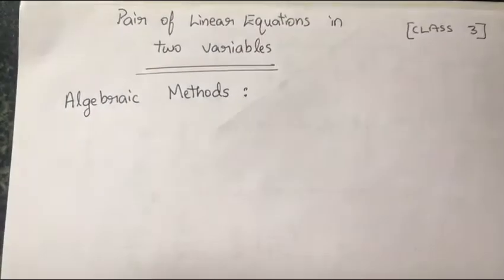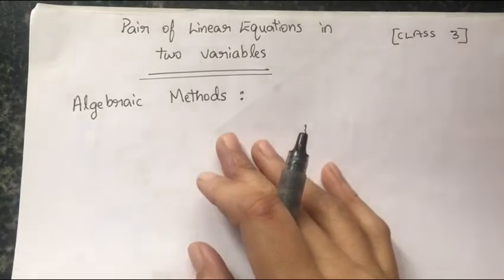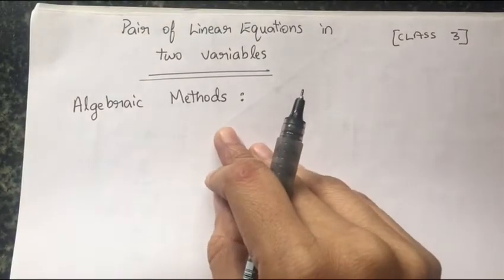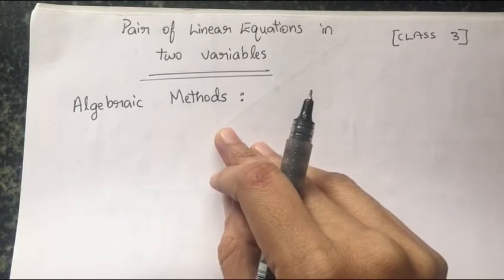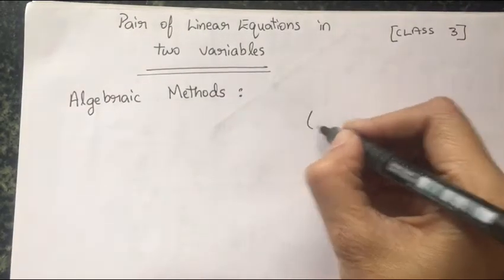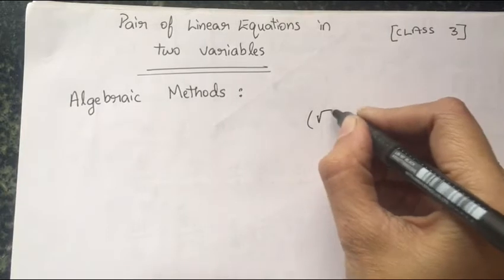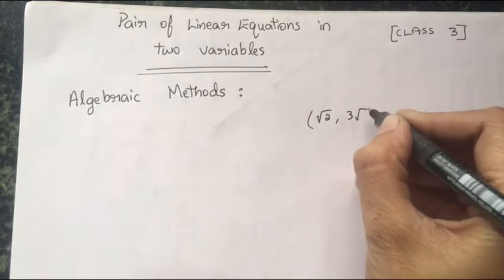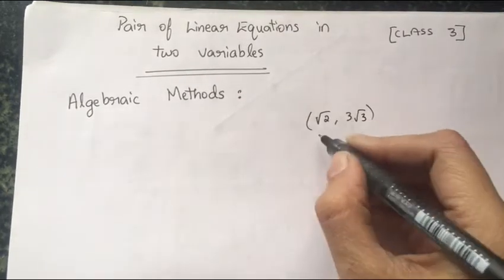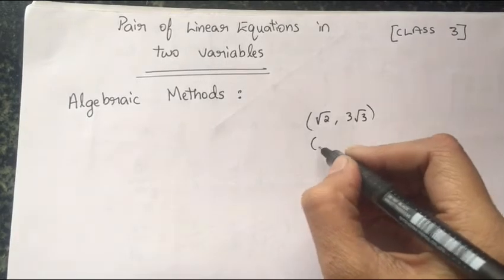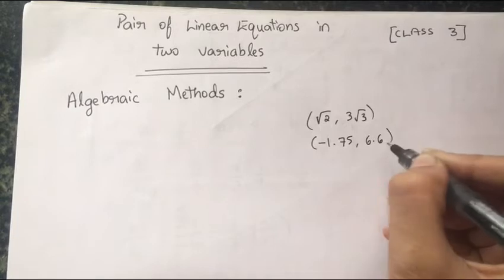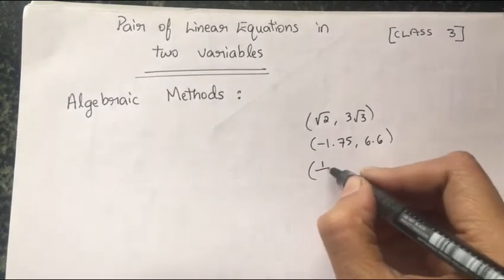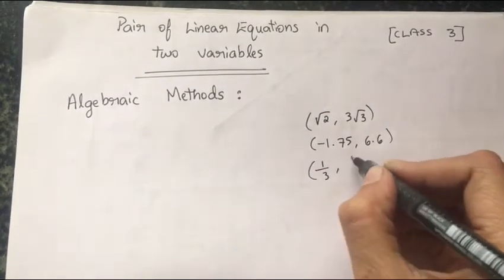Sometimes graphical method of solving is not convenient, in situations where the points are like root 2 comma 3 comma root 3, or points like minus 1.75 and 6.6, or in terms of fractions say 1 by 3, 1 by 19.